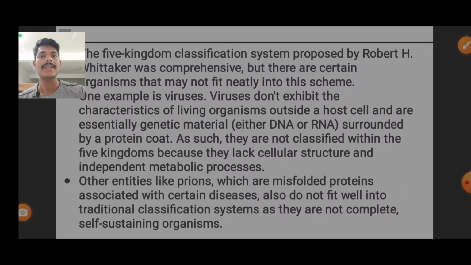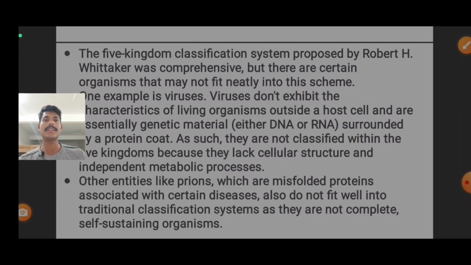Now there are some points related to the five kingdom classification. The first point is that in the five kingdom classification all organisms are classified except two. Can you name them? Yes, the first one is virus and the second one is prions.